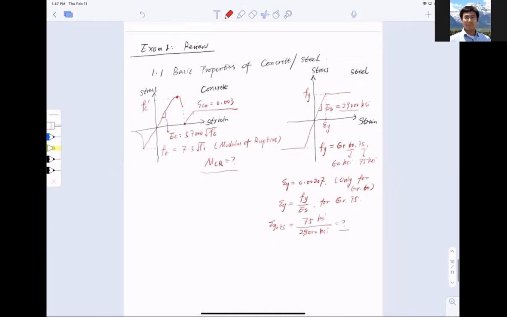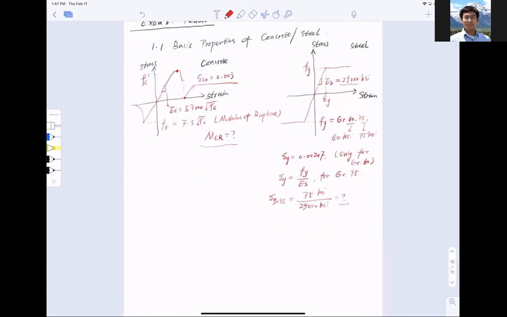Okay, this is as much as we're going to talk about the basic properties of concrete steel in terms of behaviors. However, we do want to talk a little bit about tests of concrete. What we use for compression, from your homework, you already know, is either 6x12 or 4x8 cylinders.